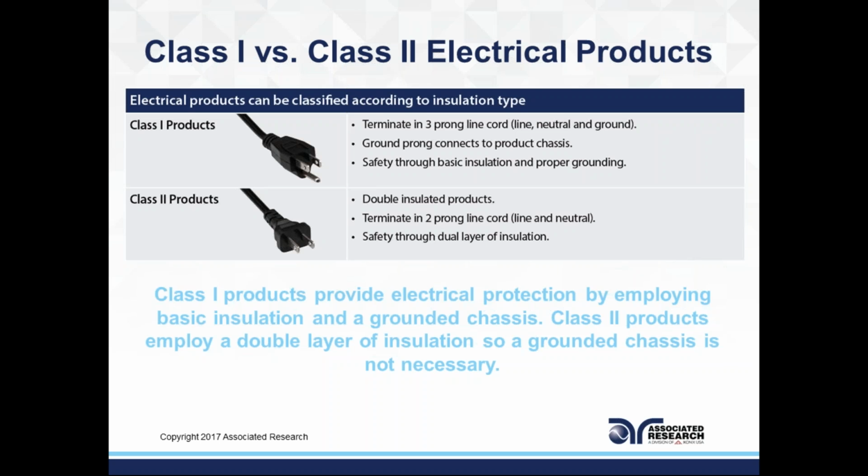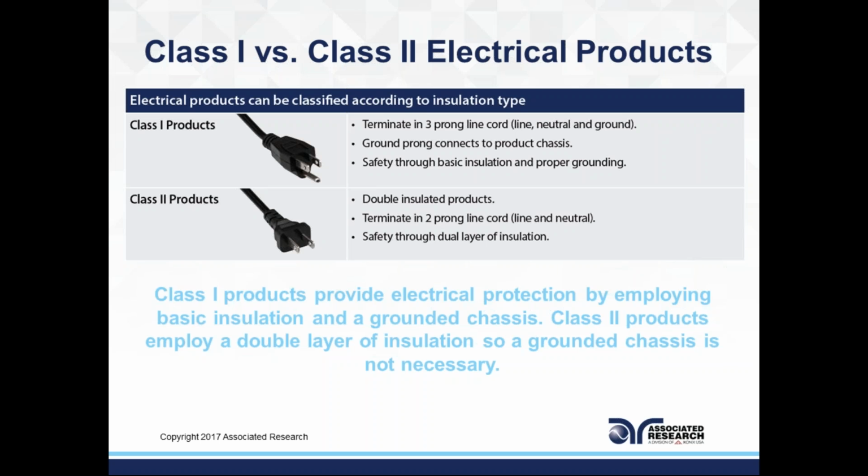Having a three-prong connector like this indicates you have a Class 1 product. Class 1 products have basic insulation that protects the end user from any electrical shock, plus an additional layer of protection by having a grounded ground circuit.